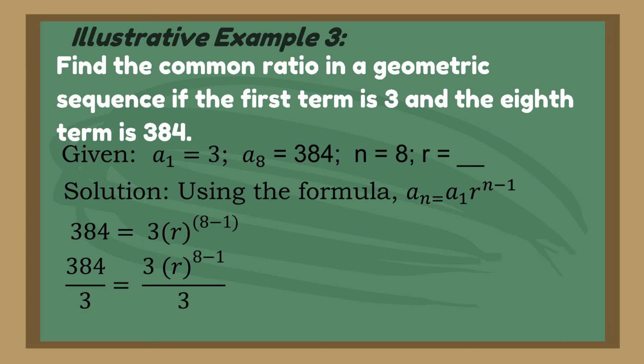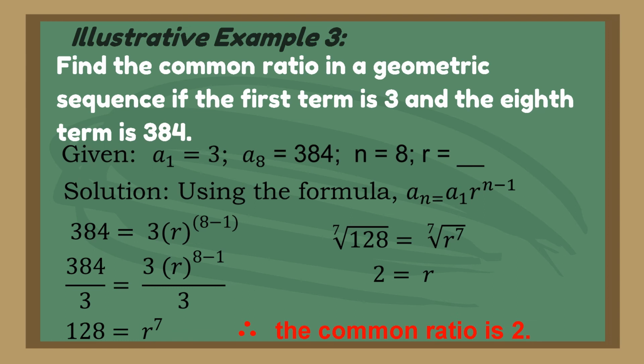So we have 384 divided by 3 is 128. 3 divided by 3 is equivalent to 1 times r raised to 8 minus 1, which is equivalent to r raised to 7. To find the value of the common ratio, we can get the 7th root of both sides of the equation. So we have the 7th root of 128 is equivalent to 2, and then the 7th root of r raised to 7 is equivalent to r. Then the value of r is equivalent to 2.